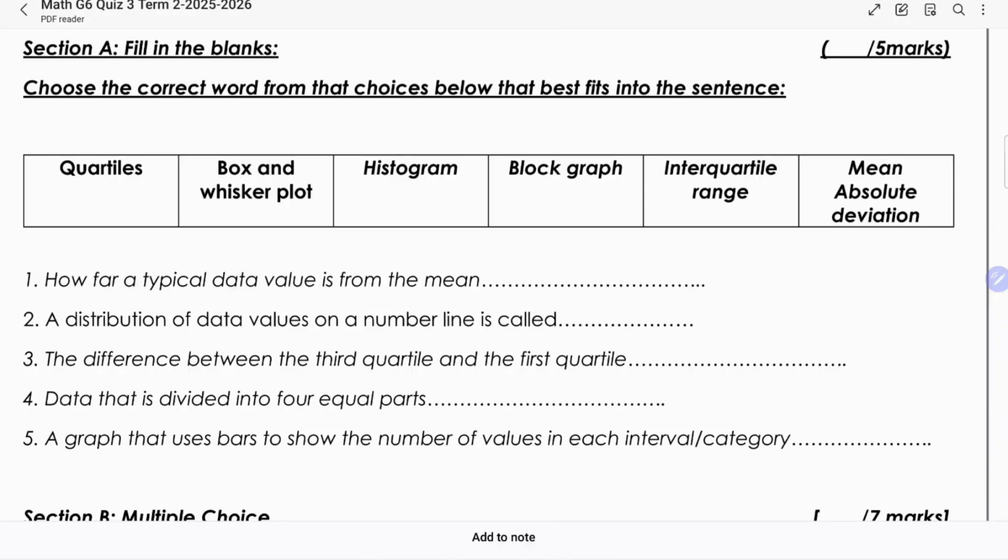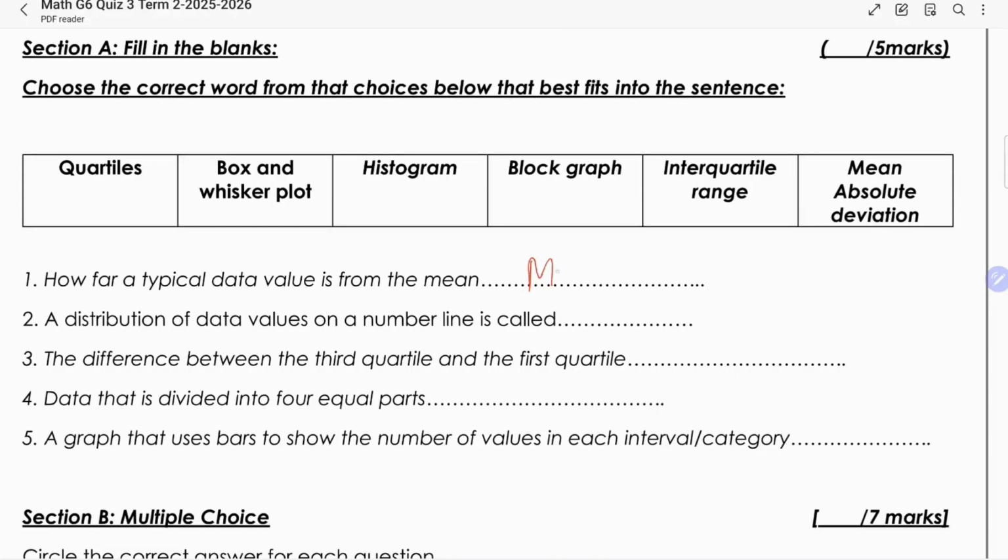So for example, if I said how far is England from Saudi, what is the distance from Saudi to England or England to Saudi? It's the same thing. So that would mean it's mean absolute deviation. And we could just say MAD for short. So MAD stands for mean absolute deviation.